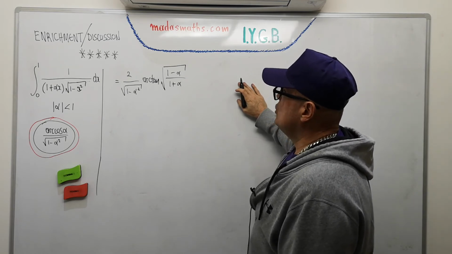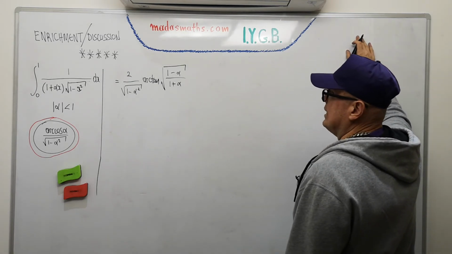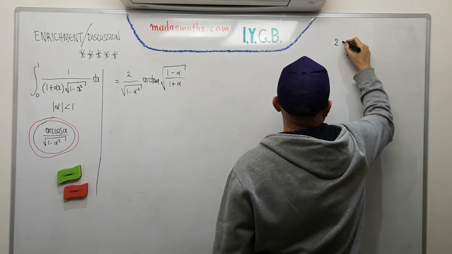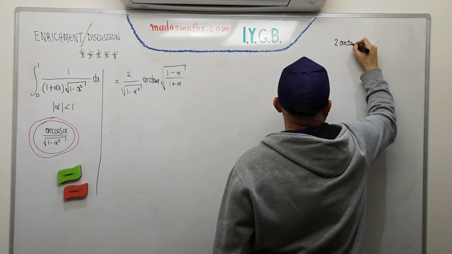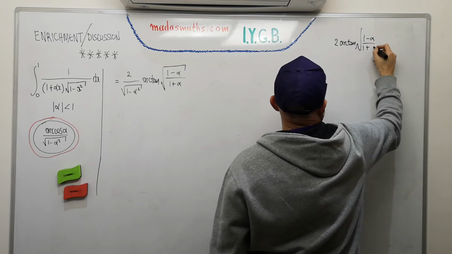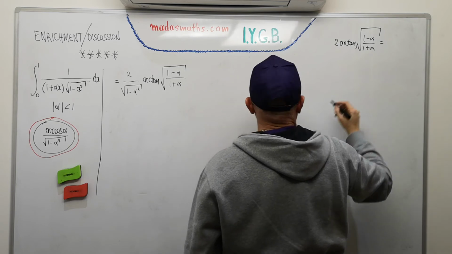Somehow show, just looking at this bit here, I'm going to write it up here, so I need to understand what I'm trying to show. Two lots of the arctan of the square root of 1 minus alpha over 1 plus alpha is the same as the arccos of alpha.